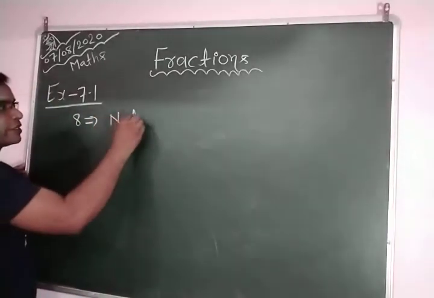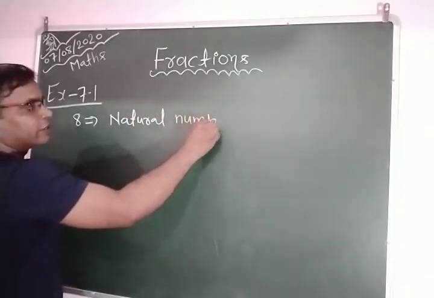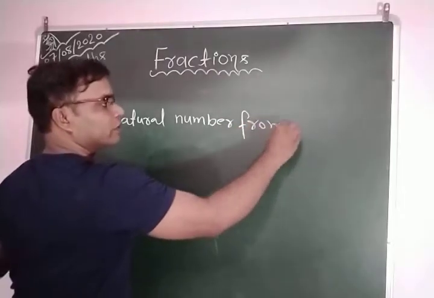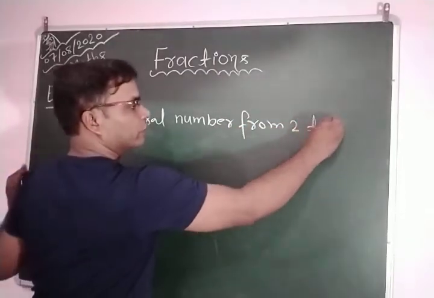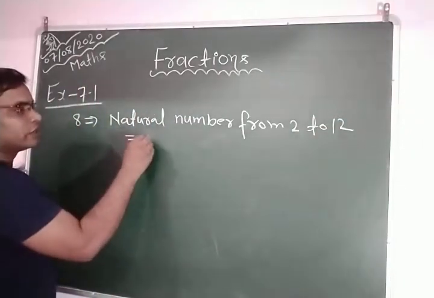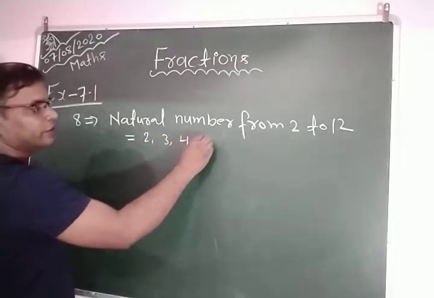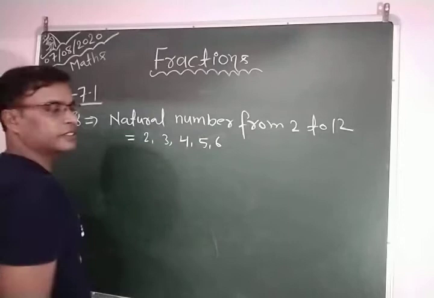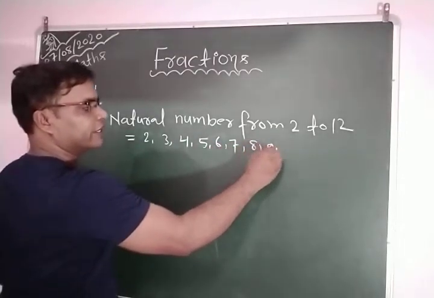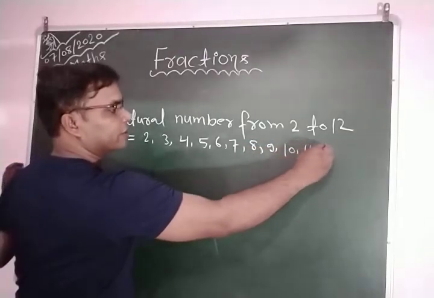Natural numbers from 2 to 12. We can write here 2, 3, 4, 5, 6, 7, 8, 9, 10, 11 and 12.